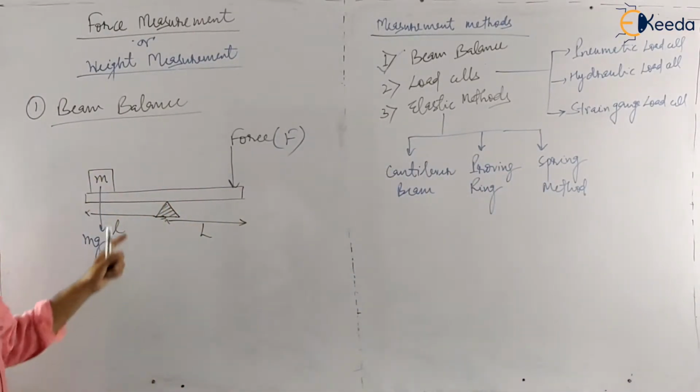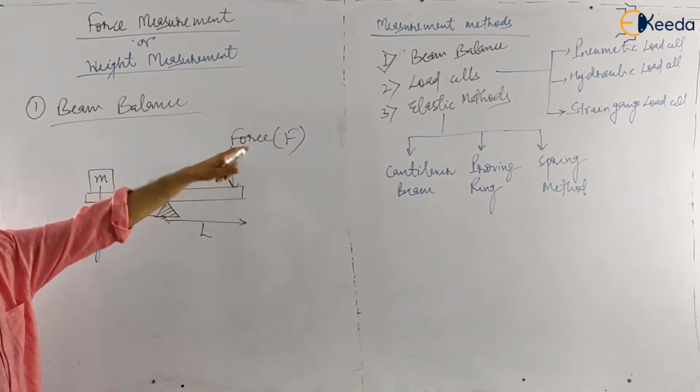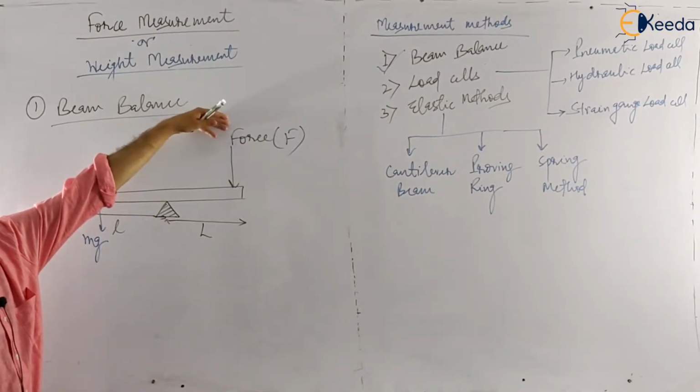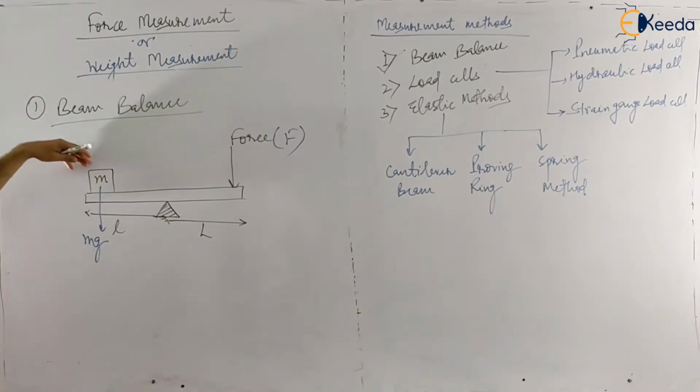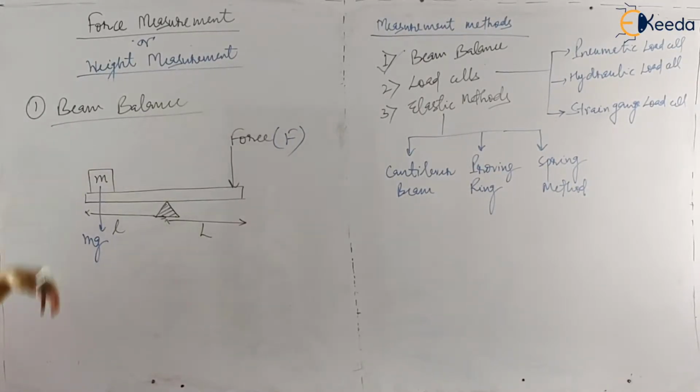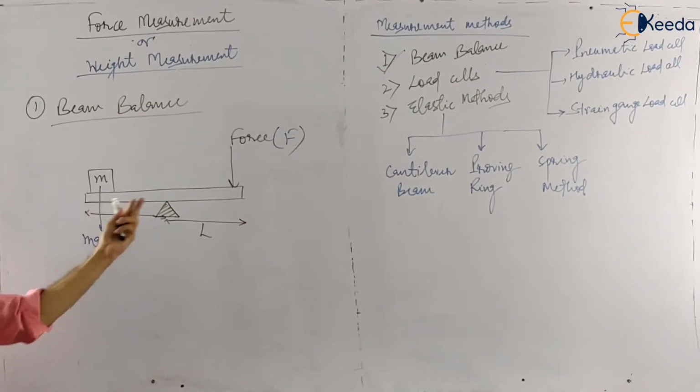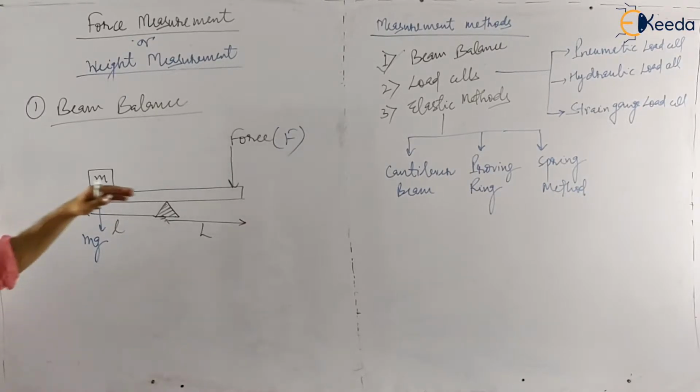At balance condition, when the force applied here is equal to the weight of this mass, then this beam will stay horizontal.